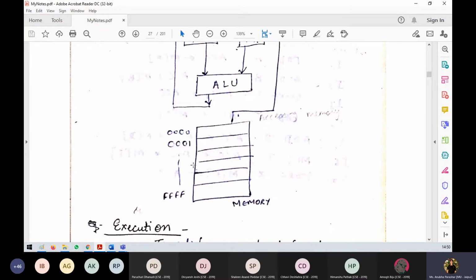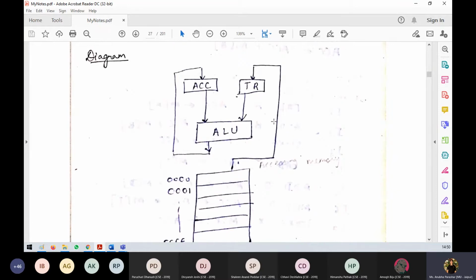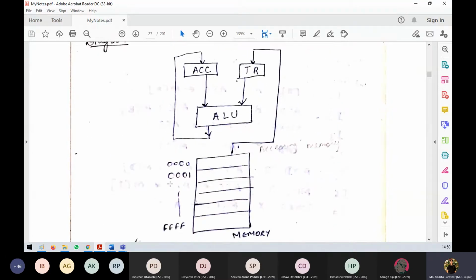Whereas if it is a memory location, one reference has to be given of the memory address, and through that address that value will be fetched or passed to the temporary register, and then further it will be taken by the ALU. So yes, one extra cycle will be required if we are fetching it from memory.